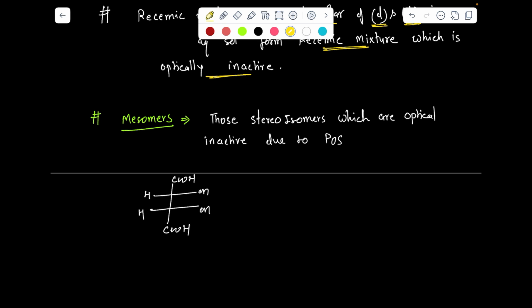If I check the chiral centers, it has chirality here and here, but it has a plane of symmetry too. It divides into equal halves. So due to the POS, it becomes an optically inactive compound. Remember that mesomers must contain a minimum of 2 chiral centers with a POS. These are stereoisomers but optically inactive.